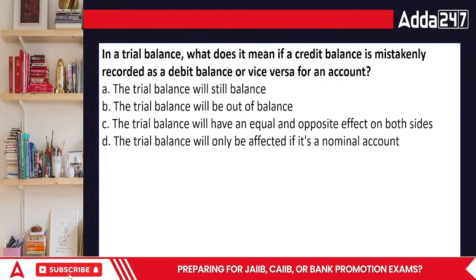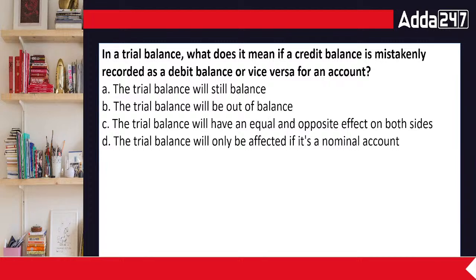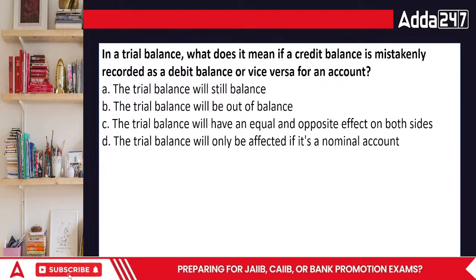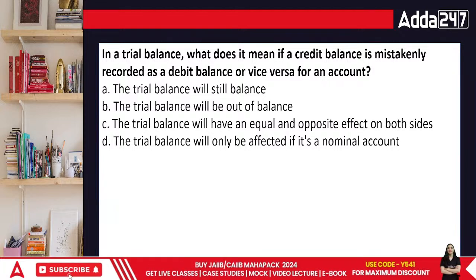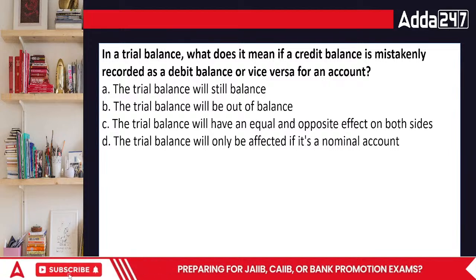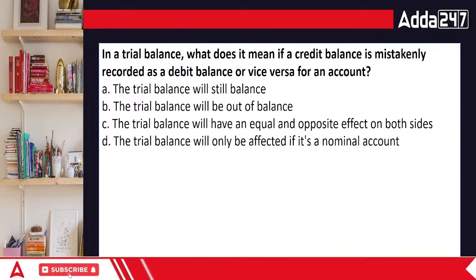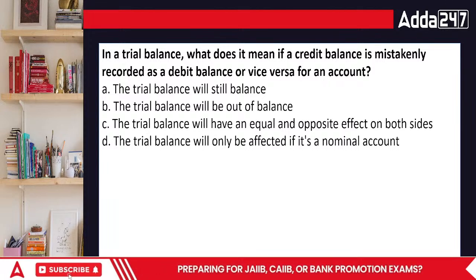So what do we do in this case, everyone? What do we put in this area? Can we say that the trial balance is still in balance? Or we can say that it won't be that way.